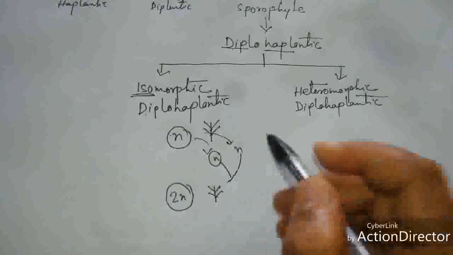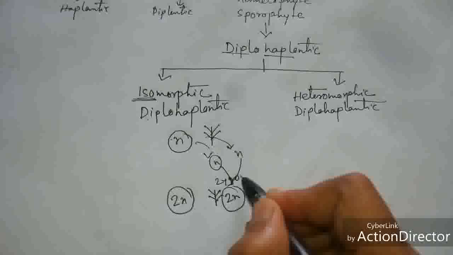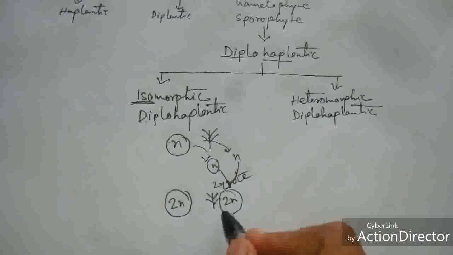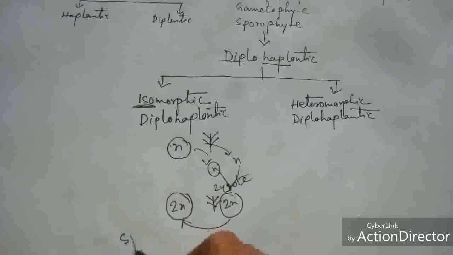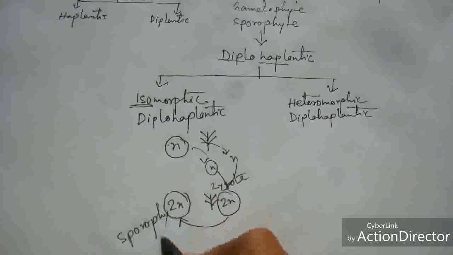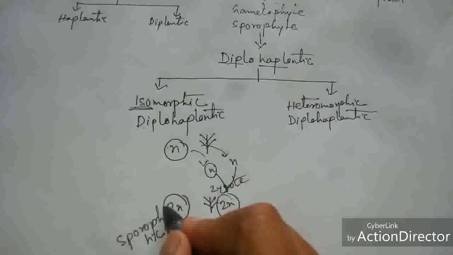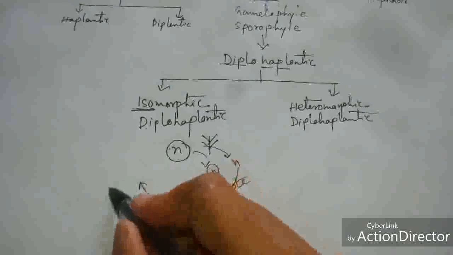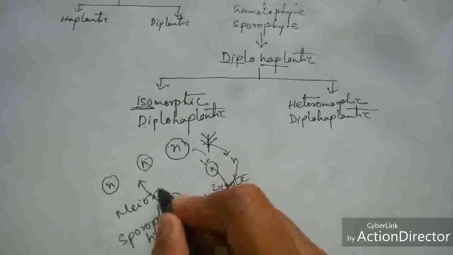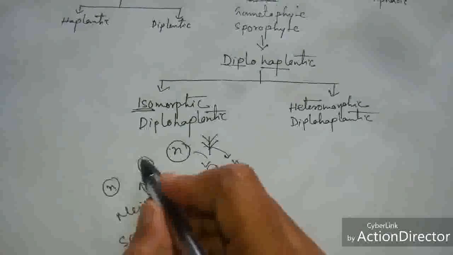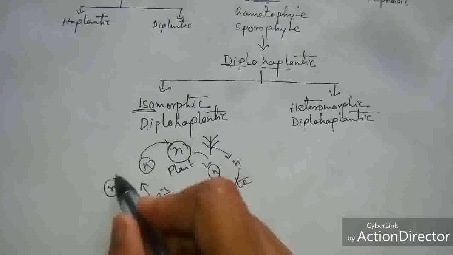After fusion of these, the zygote is produced, and this zygote produces the main sporophytic plant. This sporophytic plant again produces spores by meiosis, and haploid spores again produce the gametophytic plant.